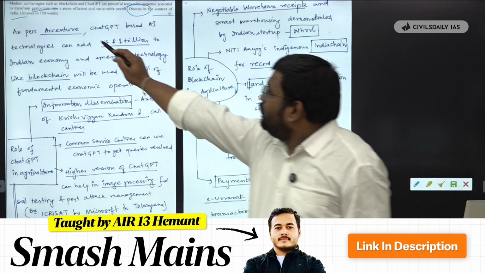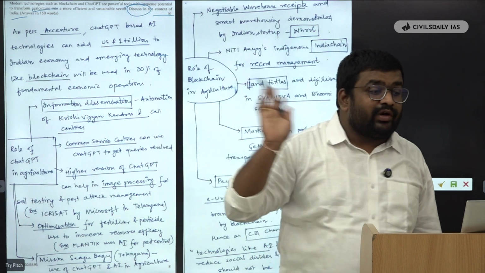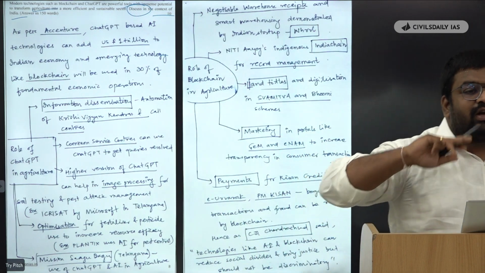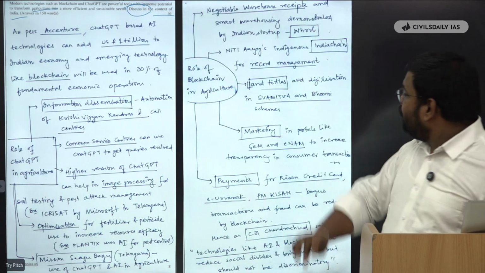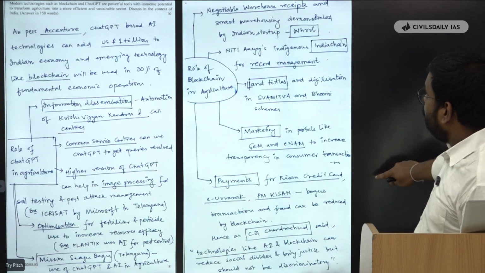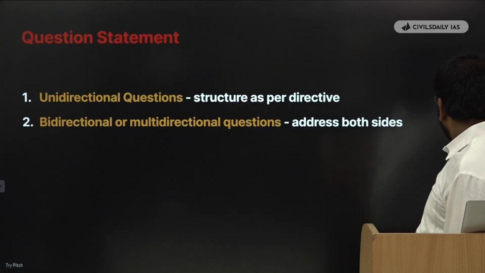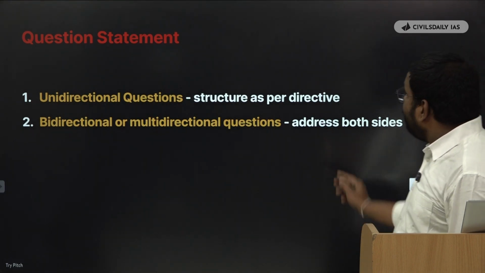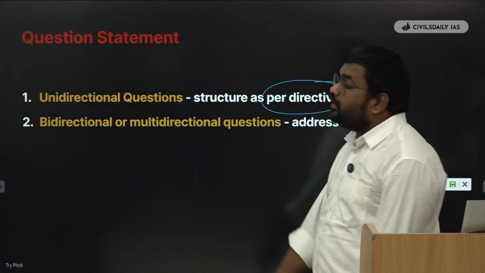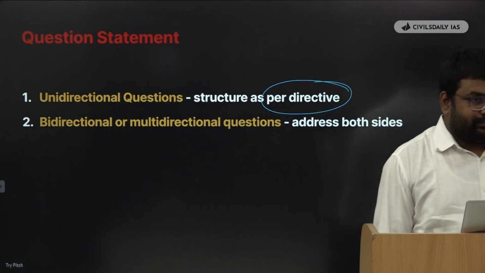But here this is the unidirectional statement where the statement is only asking about the positive aspect. And in such a unidirectional question, your structure will be determined as per the directive.